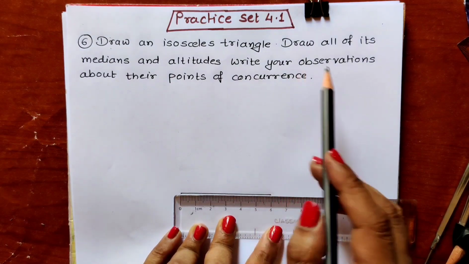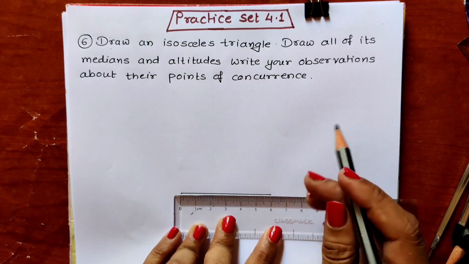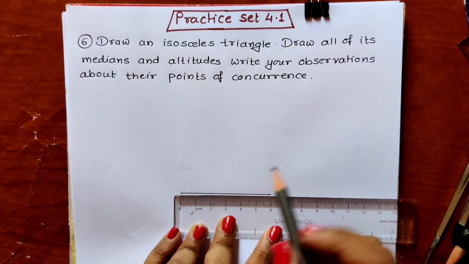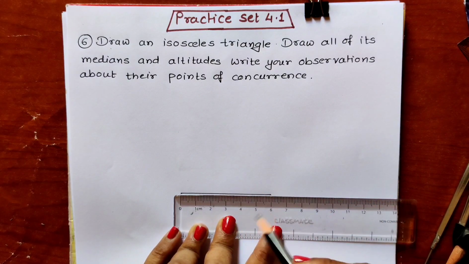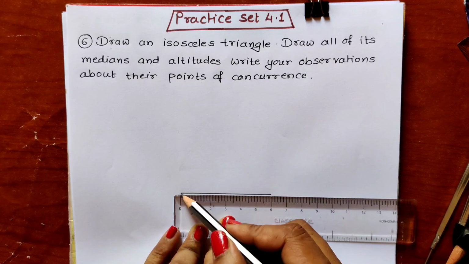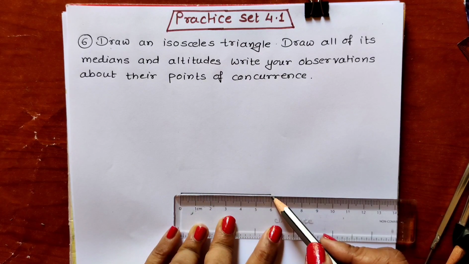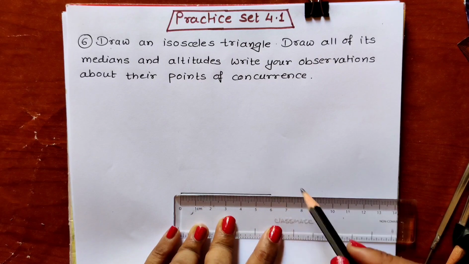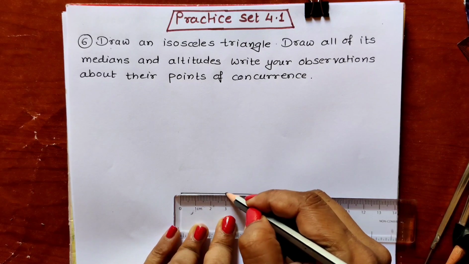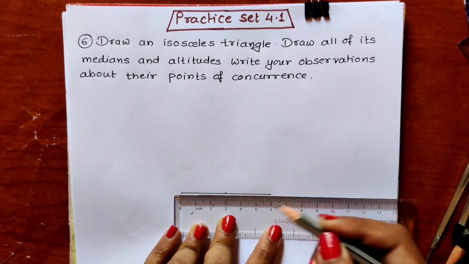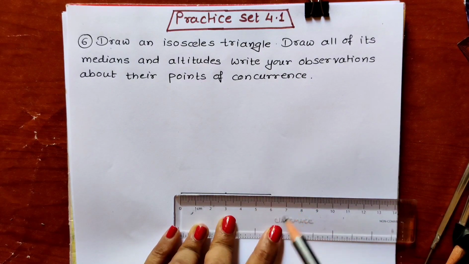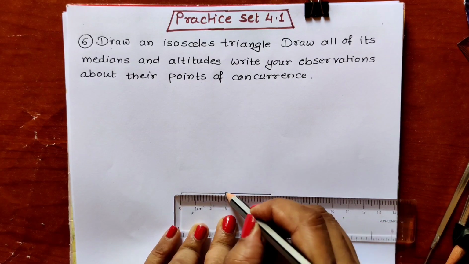As we have to draw medians, without using the compass we will draw the median by plotting the midpoints. As I have taken the base length as 6 centimeter, its midpoint will be at 3 centimeter.